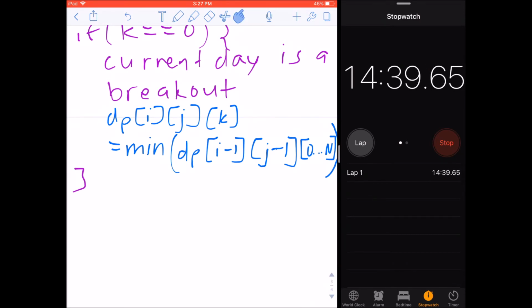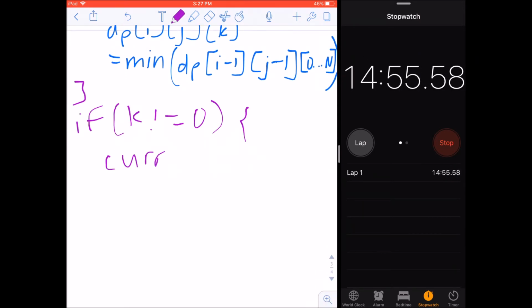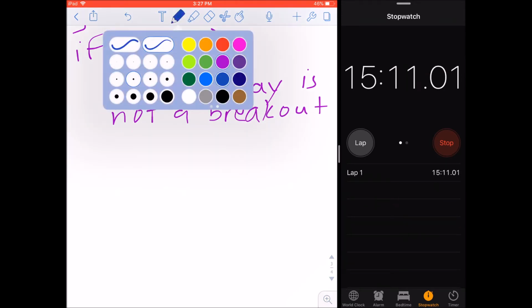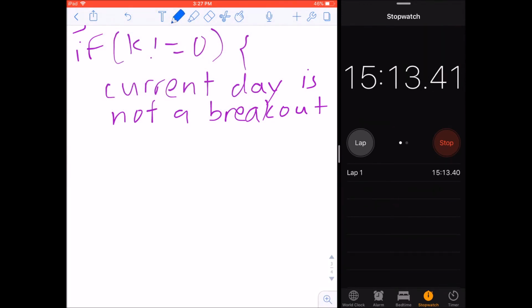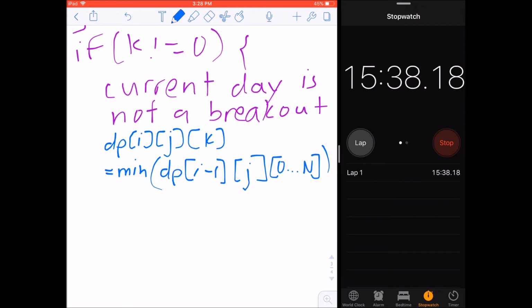Okay, now if k is not equal to 0, this means that we're not breaking out in the current day. And the current day is for sure not a breakout because any day that is a breakout has to be 0. So if the current day is not a breakout, then that means that dp i j k equals the minimum, because you're trying to find the minimum number of differences, of dp of the previous day, the same number of breakouts, because we're not adding a breakout, and k can be anything from 0 to n.